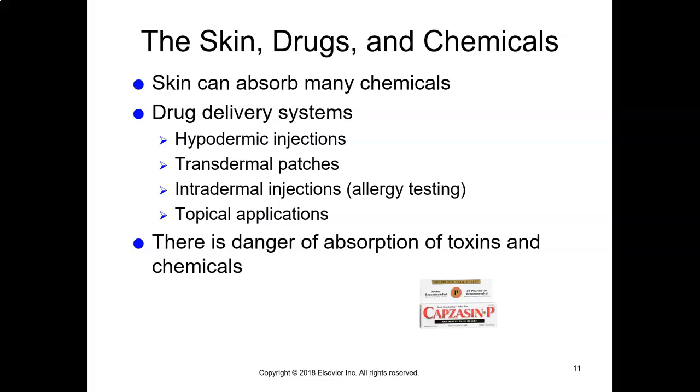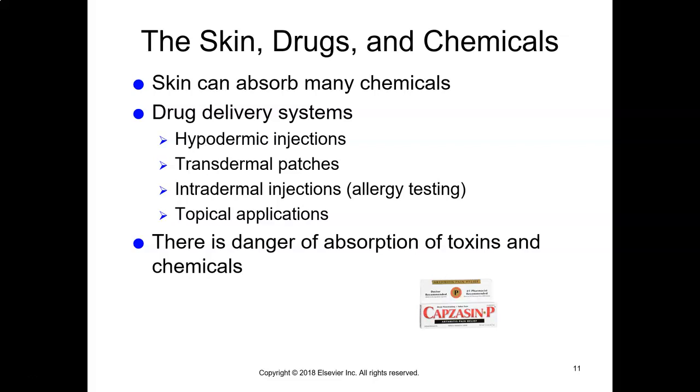In other words, you give an allergy injection differently than you give a flu vaccination, for example. One is hypodermic, goes down into the dermis. The other is intradermal, it goes just right up underneath the skin. Same way with TB testing, it goes just right up underneath the skin.